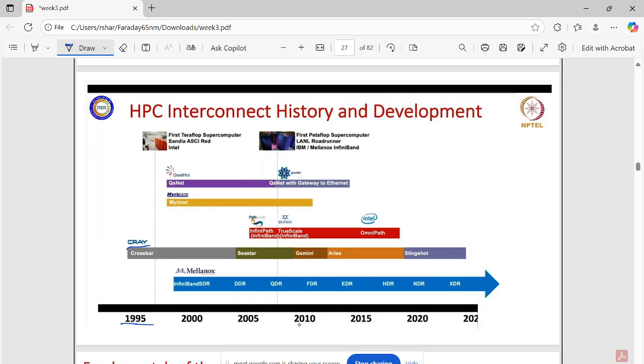Then there was an explosion of multiple standards and technologies by the end of the 1990s. So towards 1999 and 2000, there were so many companies which started to standardize high performance interconnect for HPC and HPC clusters.